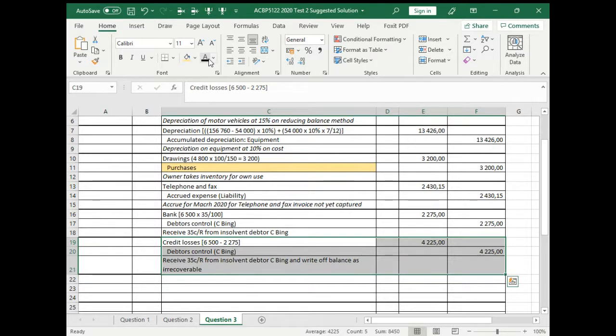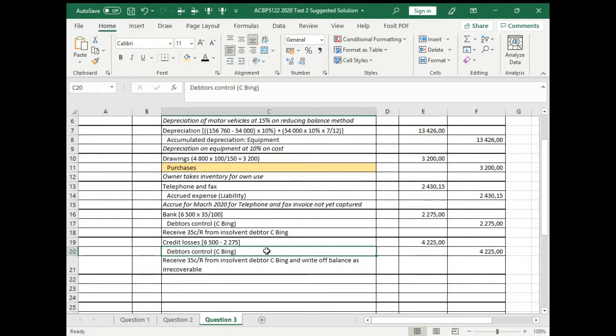So that is the amount I'm writing off as irrecoverable. That is the difference between the amount that is outstanding, the 6,500, less what I physically received in the bank. And then I reduce the debtor's control with that same amount. Now remember, that means that debtor's balance should be 0 after these 2 transactions.